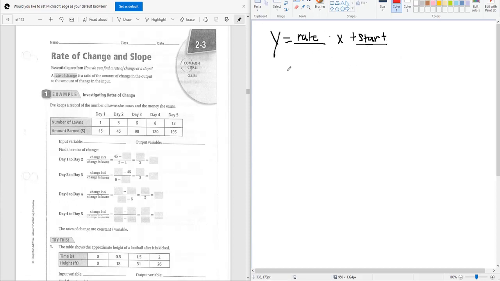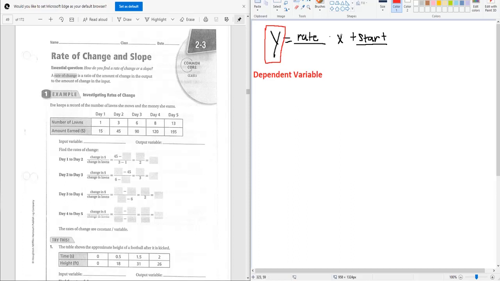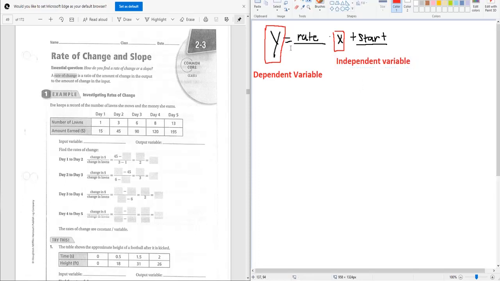Essentially, what this is saying is once you've identified your y, which is your dependent variable, and once you've figured out your x, which is your independent variable, you can just figure out what's happening to each.